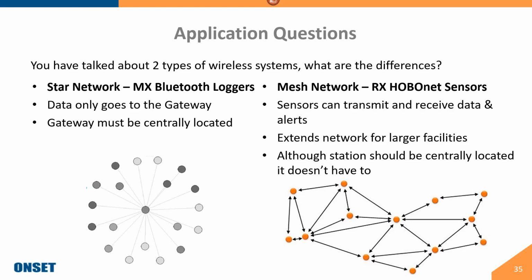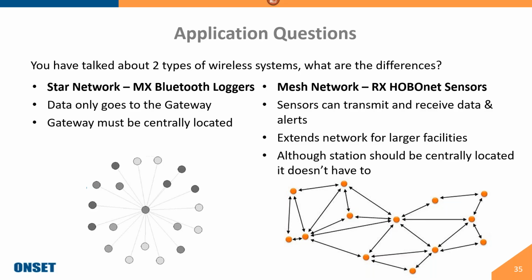The other part of this was the HOBOnet sensors, which uses a meshing network. Now, the difference here, it does use the 900 megahertz bandwidth, so it can actually transmit better through walls and things like vegetation. The product line was actually originally designed for agriculture.